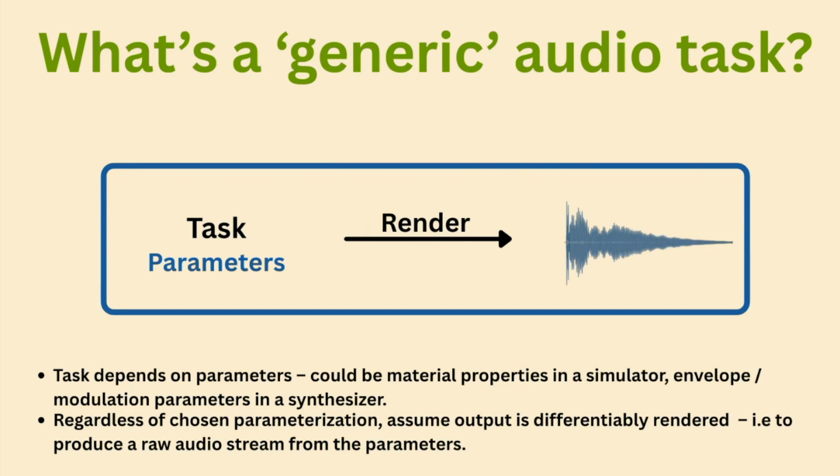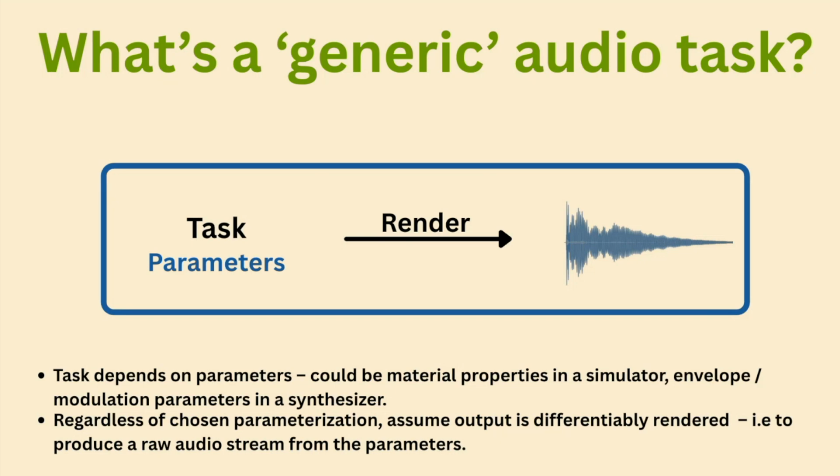So again, for the synthesizer, that would consist of playing the synthesizer. If you had an audio simulation, say a physics simulation that could simulate sound, that would consist of running the simulator and taking the output from that simulator. And one quick note on that is that we're always going to assume that it's differentiably rendered. That's important to our method. We're going to need that later because we're going to use that derivative to propagate our update back into the parameters of the task at hand.